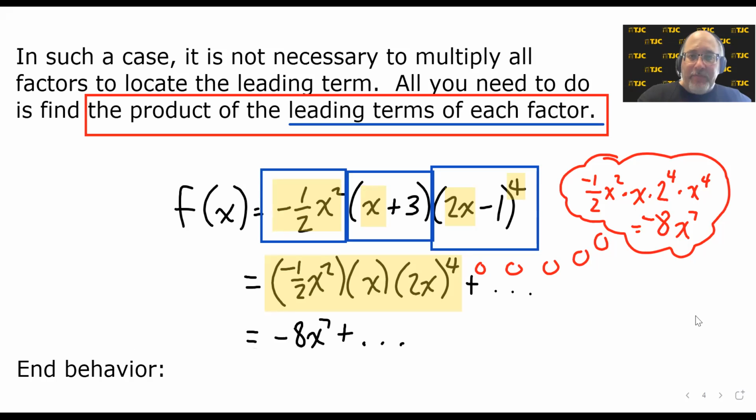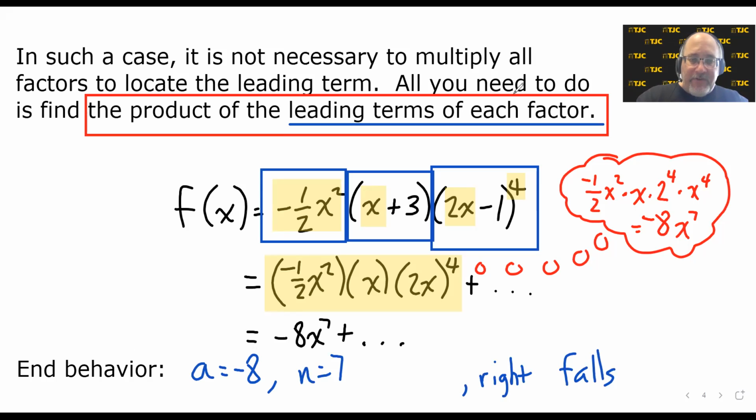In this leading term, the a, the number in front of the highest power, is negative 8, and the degree is 7. So what does this tell us about the end behavior? Because the leading coefficient is negative, that means that the right end falls. We'll just say right falls for short.